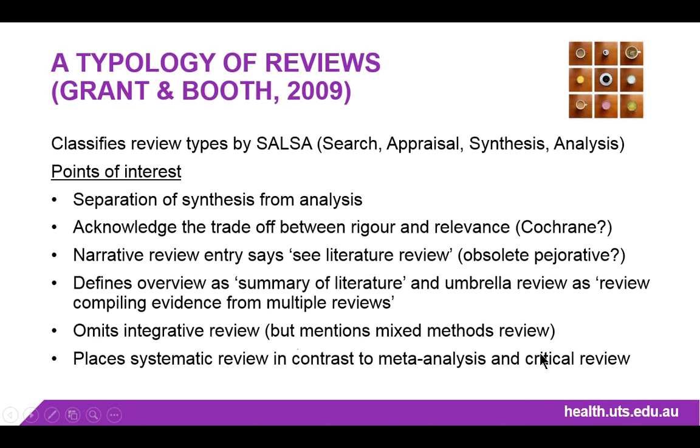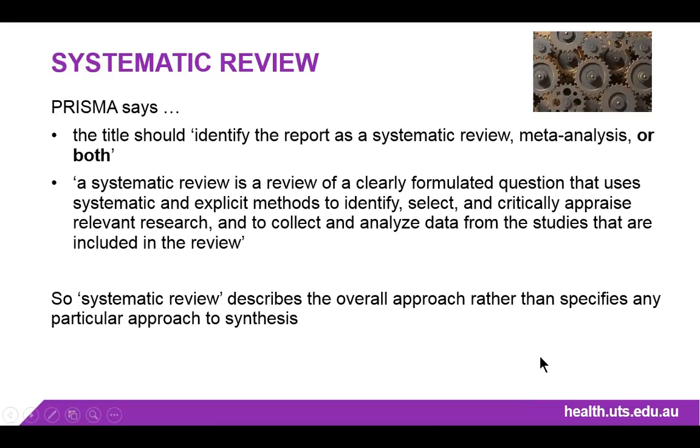And they also place systematic review in contrast to meta-analysis and critical review, whereas PRISMA, which I've already highlighted is really the gold standard in terms of reporting, actually says quite clearly that those two terms are not incompatible. And in fact, the systematic review part of the terminology really just refers to the fact that you have had a very rigorous, reproducible, transparent approach to formulating your question, identifying, selecting, appraising the research, and so forth.